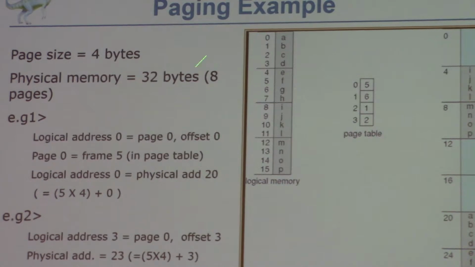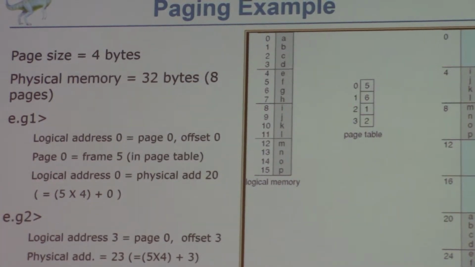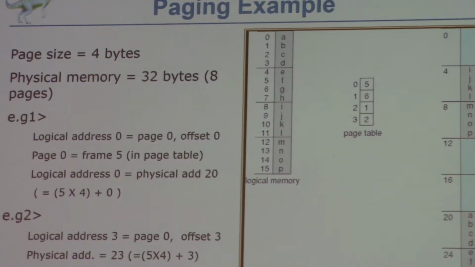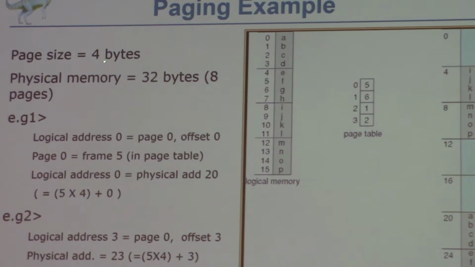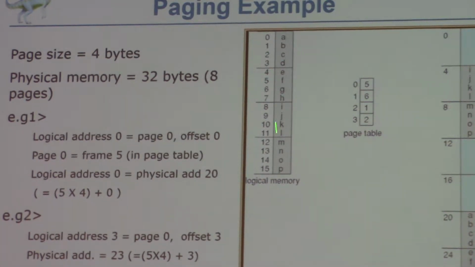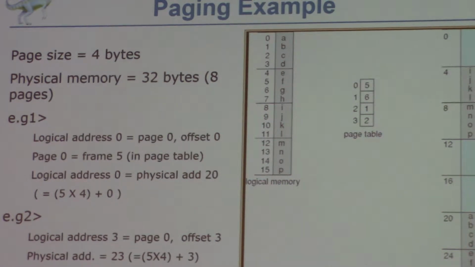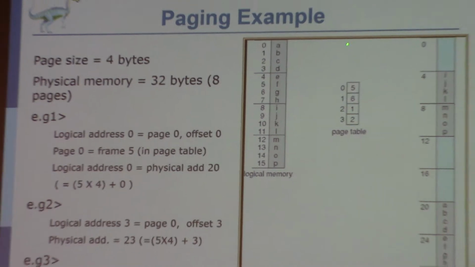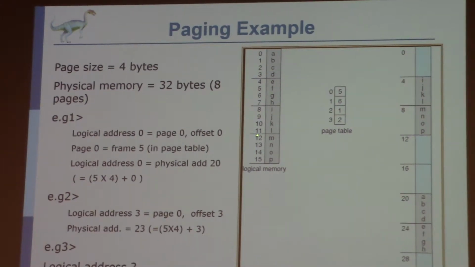Then this time we are going to use 4 bytes as the size of the page. So we are going to divide both the logical memory and the physical memory by the page size of 4. So divide by 4, 4, 4, 4. How many pages in your program? 4 of them. So we can number from the beginning 0, 1, 2, 3.